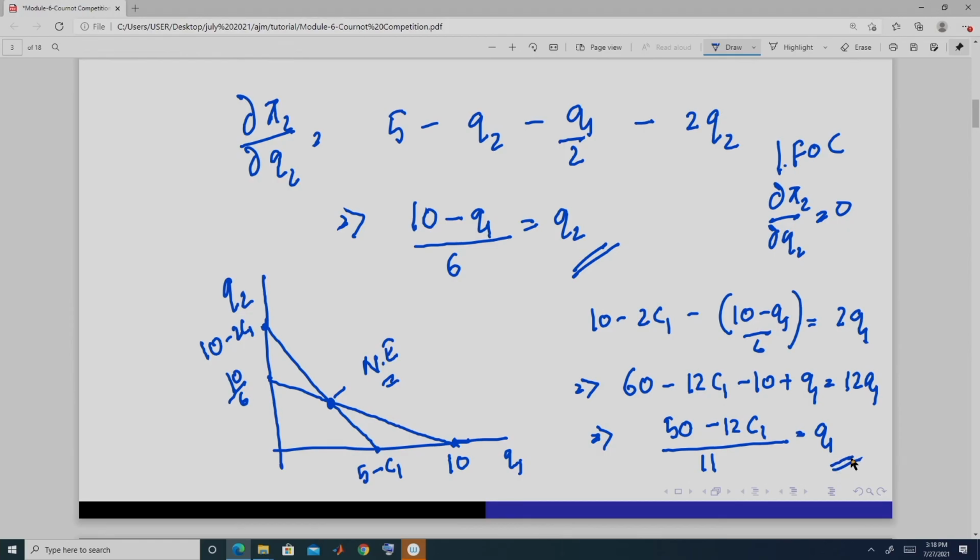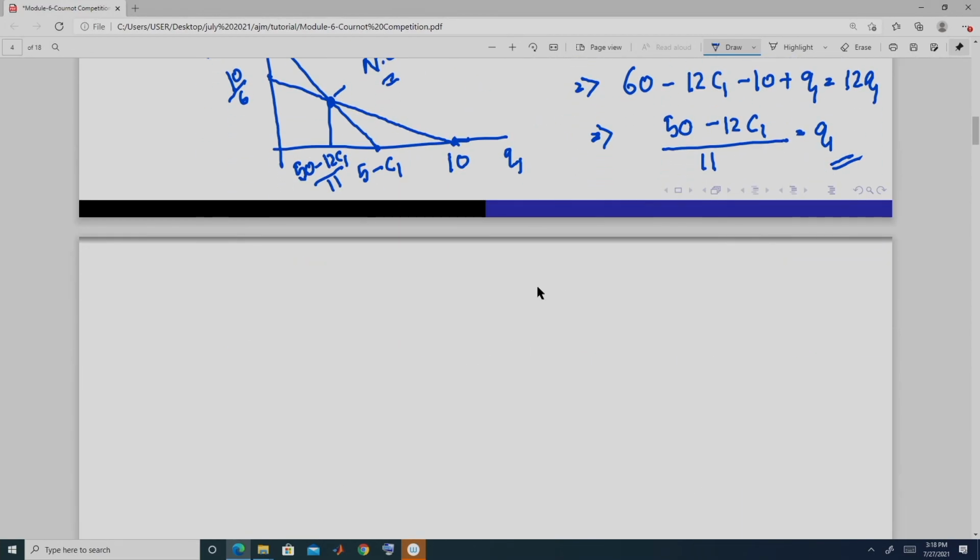This is the output of firm 1. So, this point is 50 minus 12C1 divided by 11, and this height is 10 minus Q1, this.